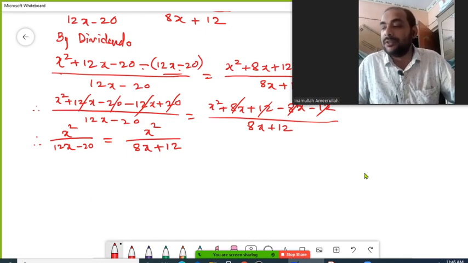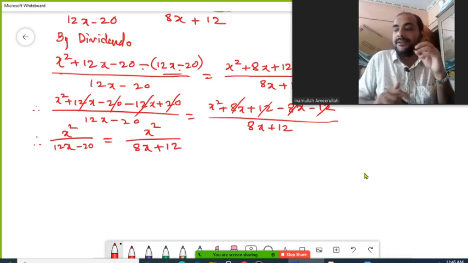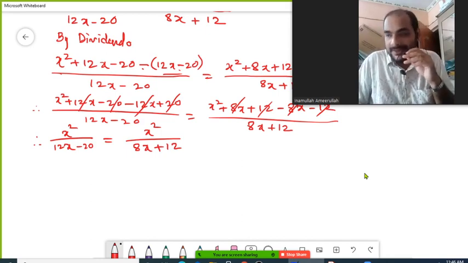Now this equation is true for x equals to 0. So x equals to 0 is one of the solutions for these equations. And if x is not equal to 0, then x square is also not equal to 0.